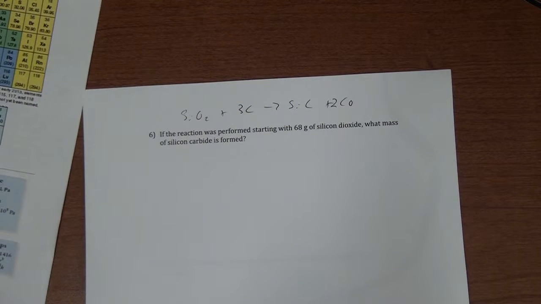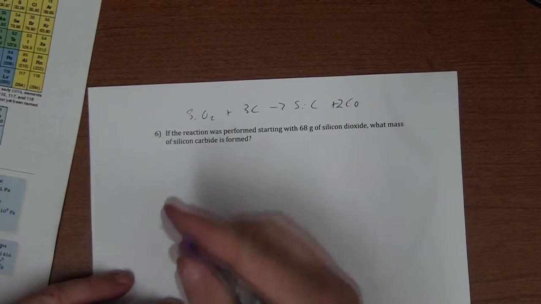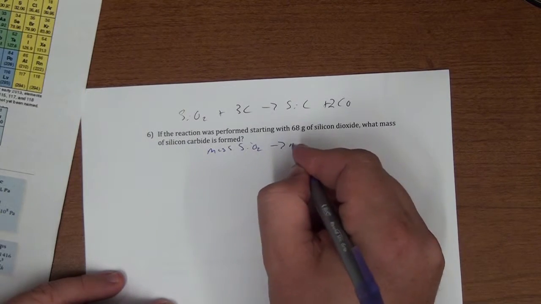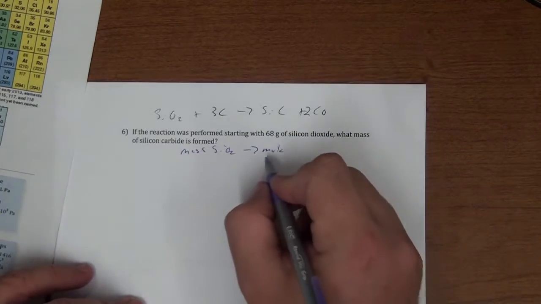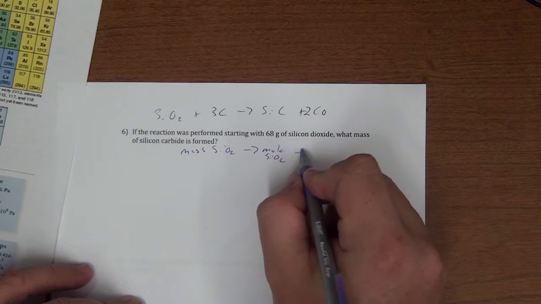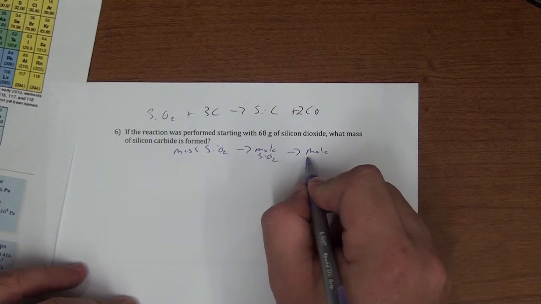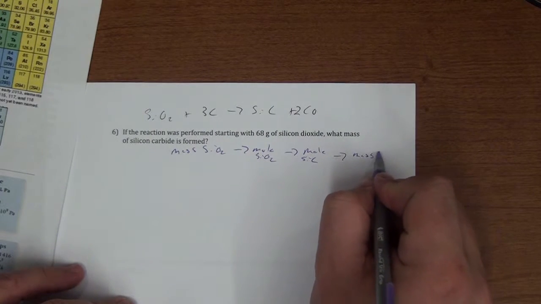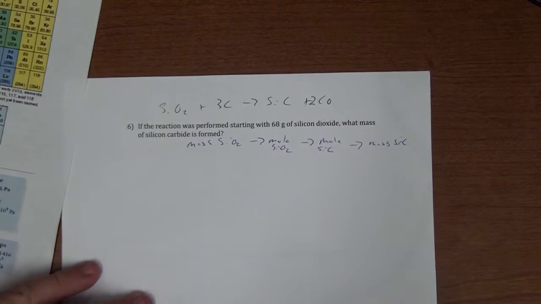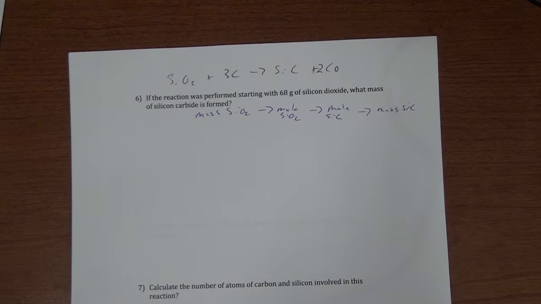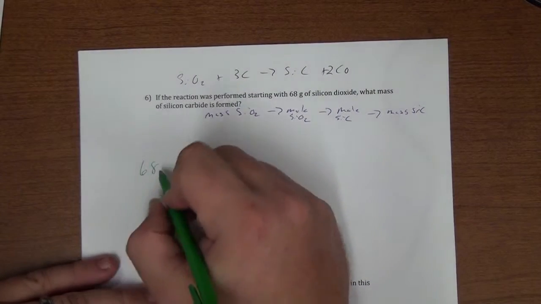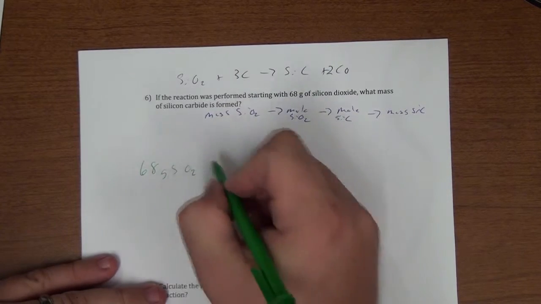So in general, we're going to go from the mass of silicon dioxide to moles of silicon dioxide to moles of silicon carbide to mass of silicon carbide. So using the same dimensional analysis that we've been doing, that's the steps we're going to take. So we're going to start with this 68 grams of silicon dioxide.